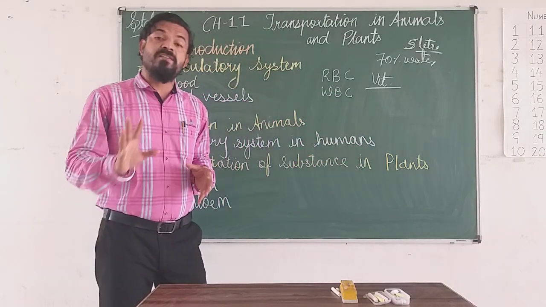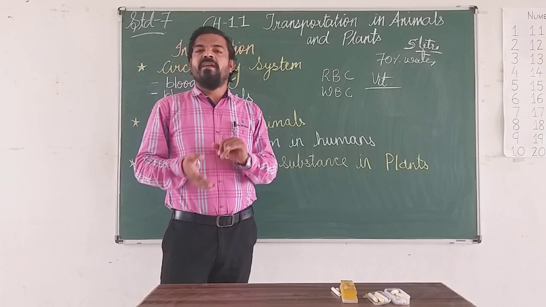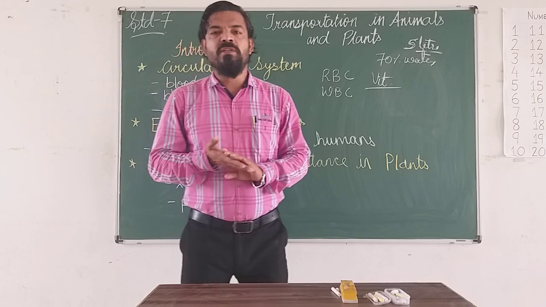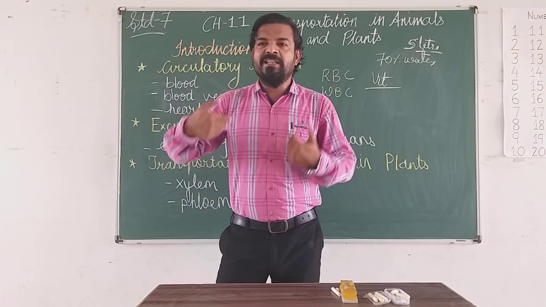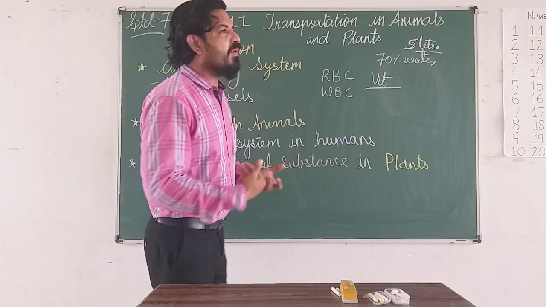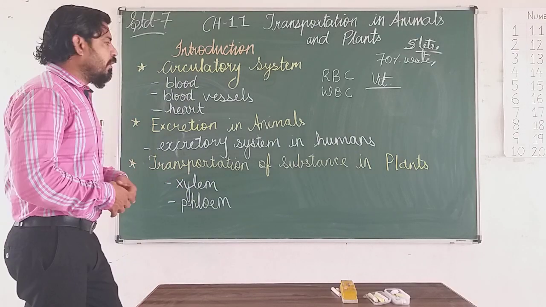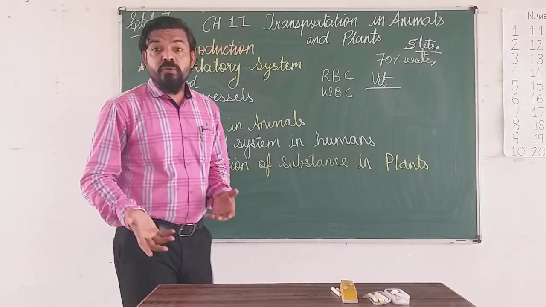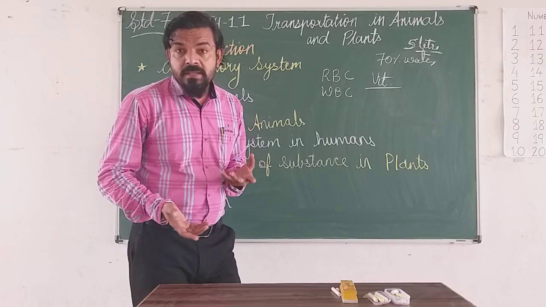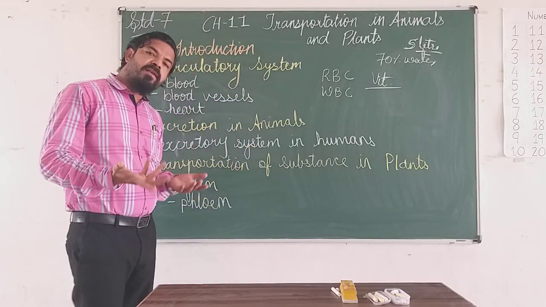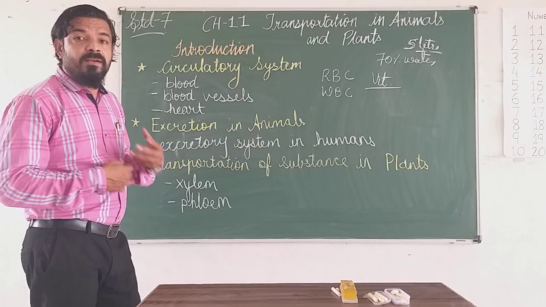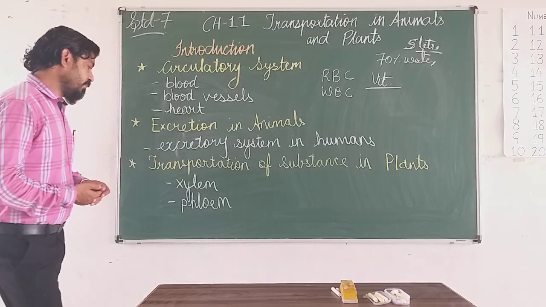Humans have a kidney and an anus too. The kidney is used to excrete the liquid part and the anus is used to excrete the solid part. But all other animals don't have the same. Plants also have an excretory system. Similarly, some animals also have an excretory system. Every animal and human being has a different excretory system.